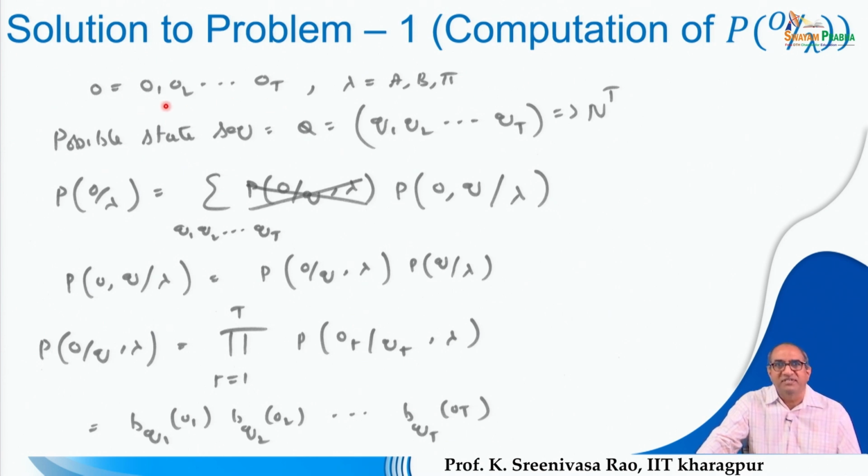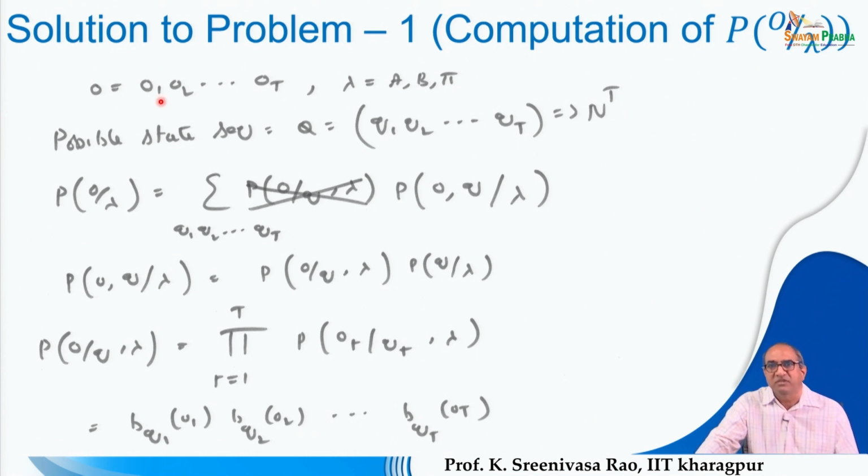Here the observation sequence length is capital T, that is 1, 2, 3 up to capital T. This is the sequence of observation symbols, or the sequence of feature vectors. For this sequence, what is the number of possible state sequences? This is simple, because each observation symbol can be generated from any of the states.